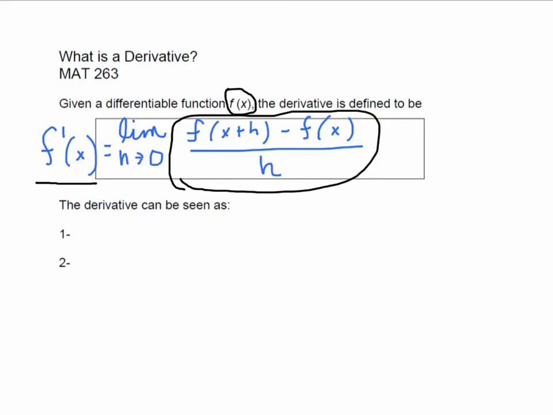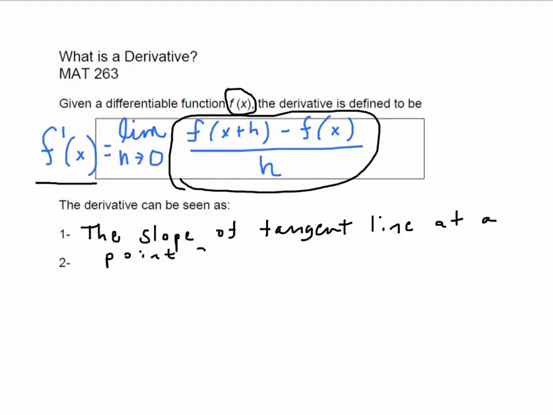And one of the other things that you probably picked up, hopefully, from the Hippocampus video was that that's actually the slope of the tangent line at any point on the function. That's what we were looking at there.